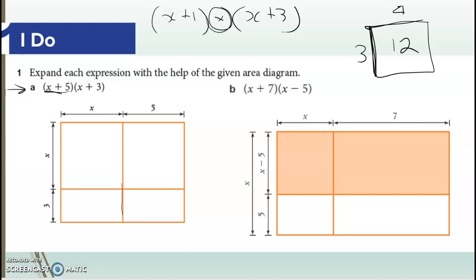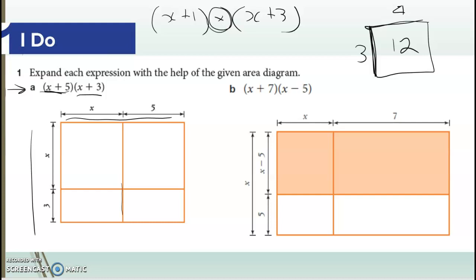We're going to represent these as distances and find the resultant areas. So x plus 5 along here and x plus 3 along this side.